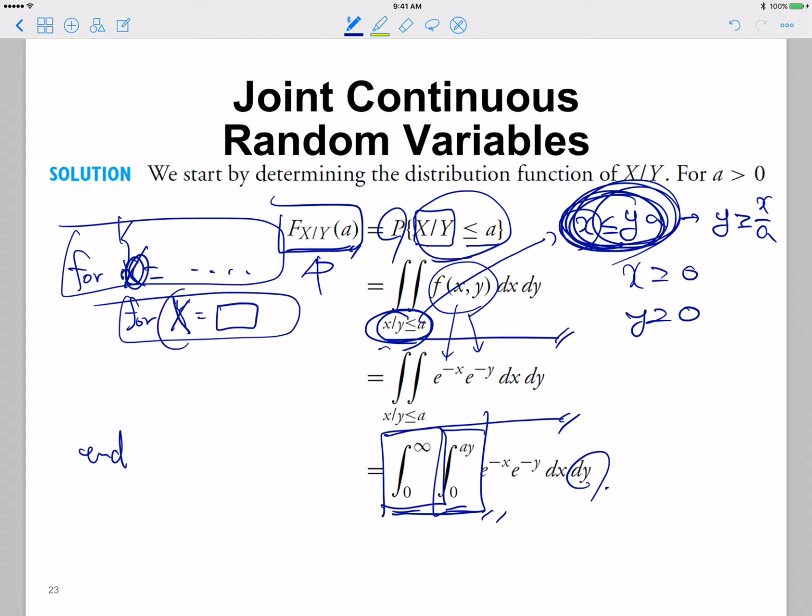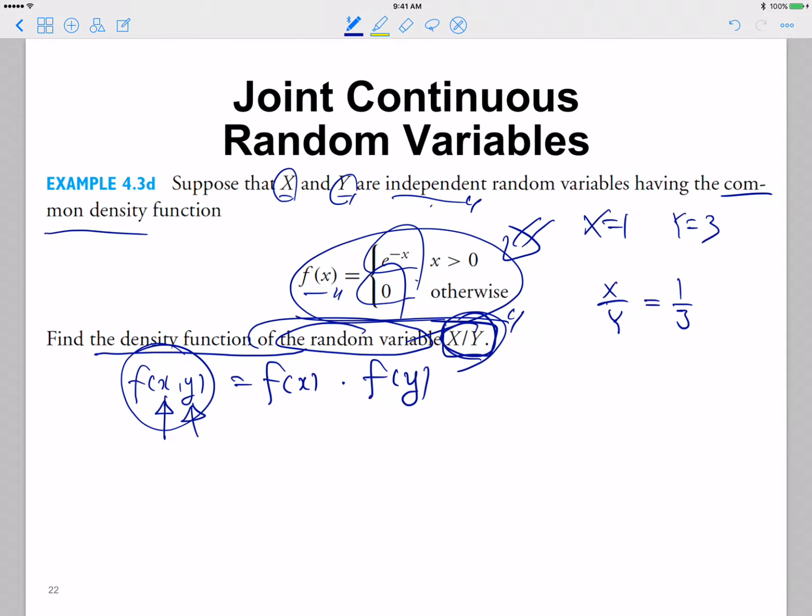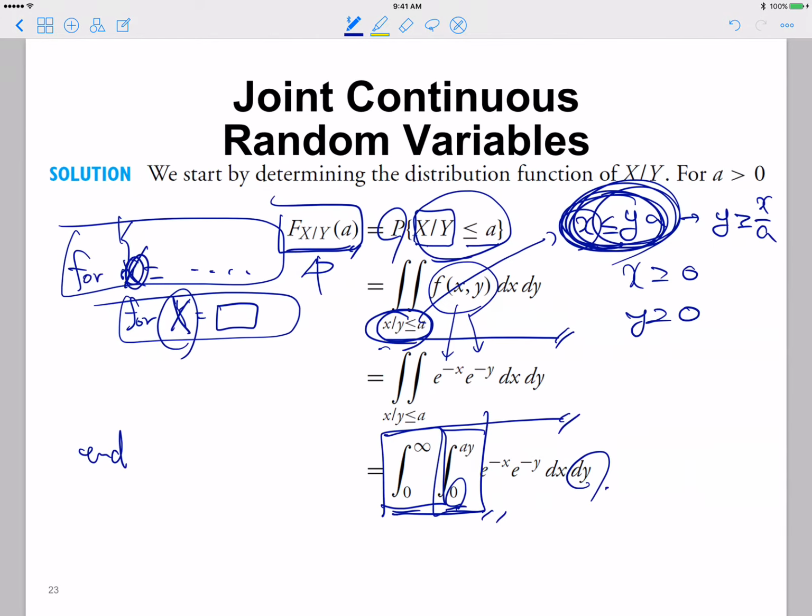And x ranges from 0, from the definition of this, up to a times y, because x should be less than or equal to a times y. So we can compute this integral. It's a little bit tricky, but it's doable.